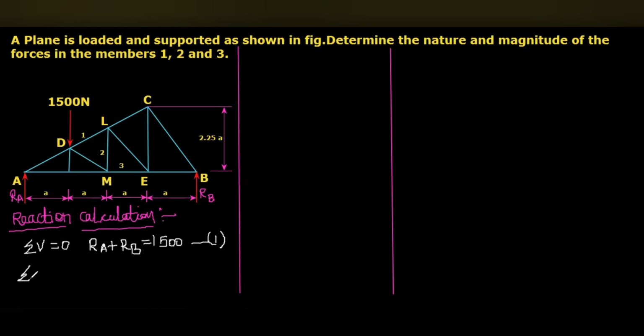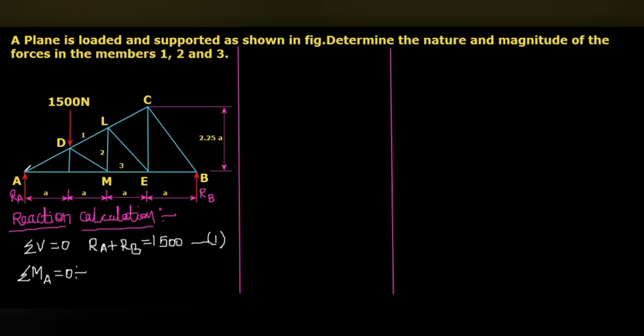Then the algebraic sum of the moments about any point, here preferably the point A, equate that to 0. When you take moment about point A, here there are three loads. RA is acting exactly at the point A, so the moment made by that reaction force RA will be eliminated. So the moment made by the other two forces we have to consider.